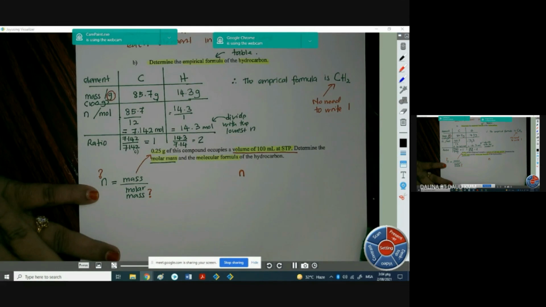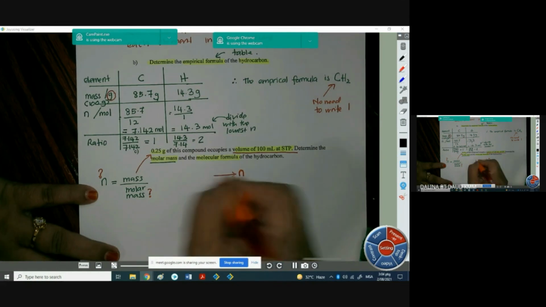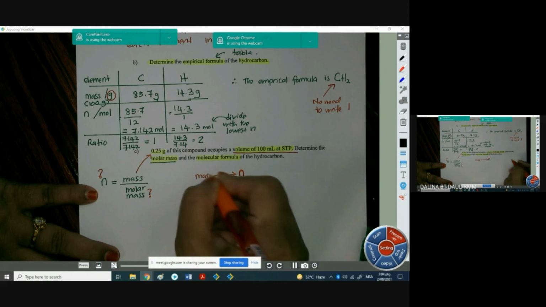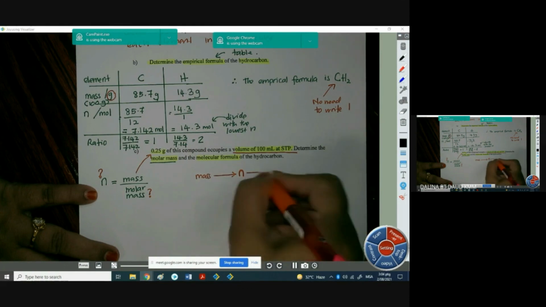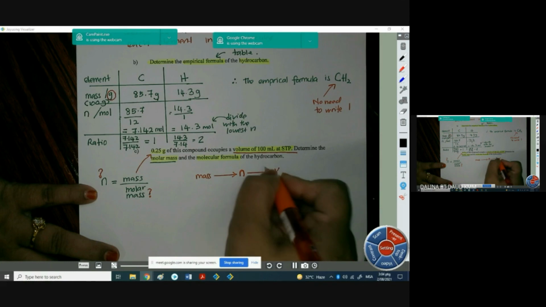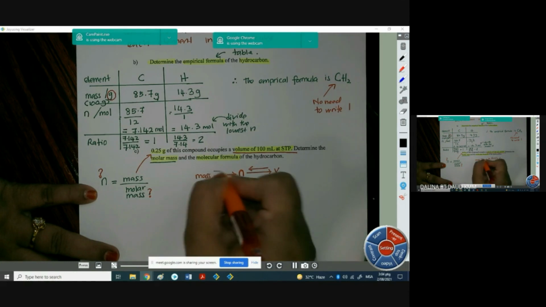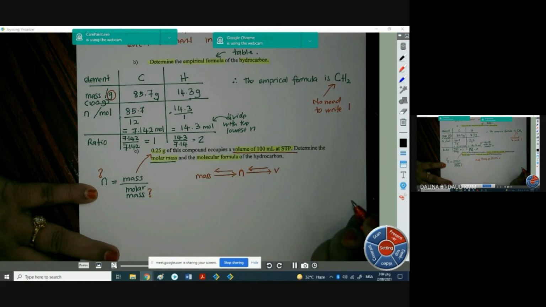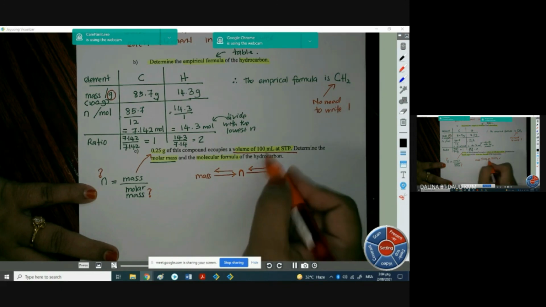Sebab daripada sini kita mass kita boleh convert ke mol. Mol kita boleh convert kepada volume ataupun sebaliknya. So mol ni adalah perantaraan.